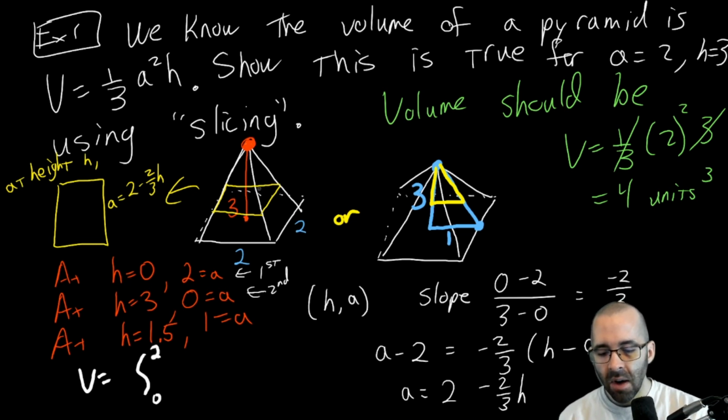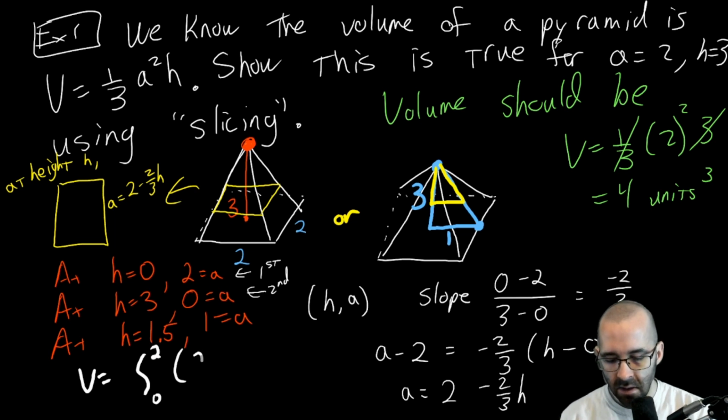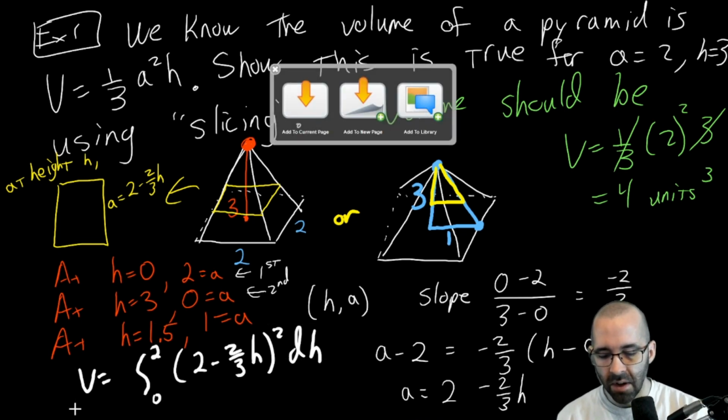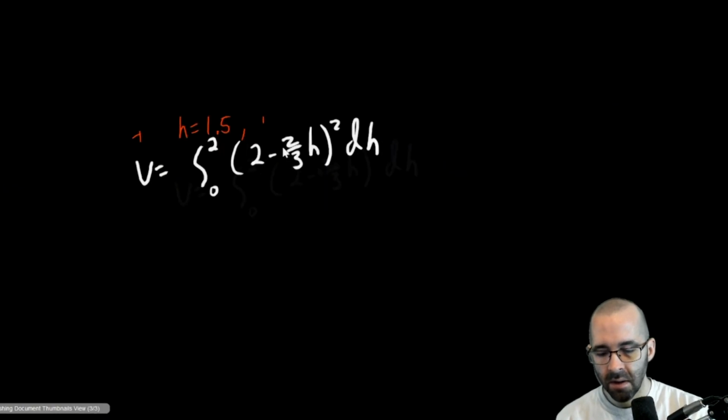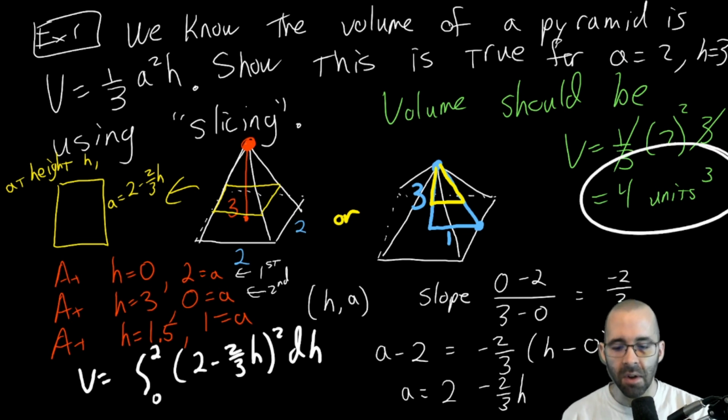And at any cross section, what's the area? It's a square, just a times a. So the integral of 2 minus 2/3 h, squared, with respect to h. We can evaluate this integral and we'll hopefully get 4. Remember, we already know the answer should be 4 units cubed.